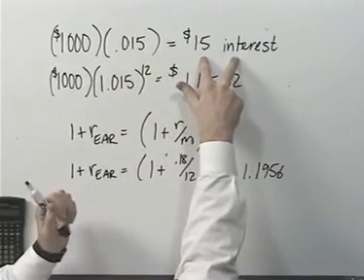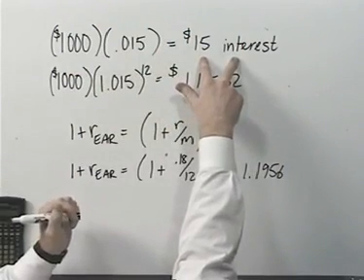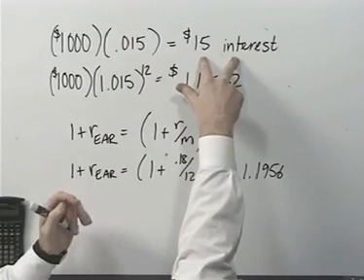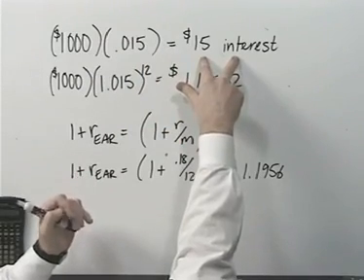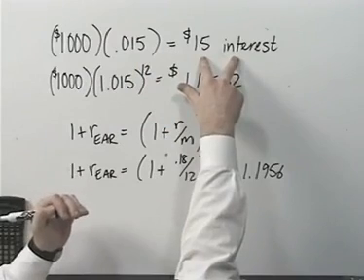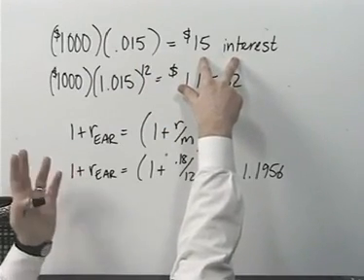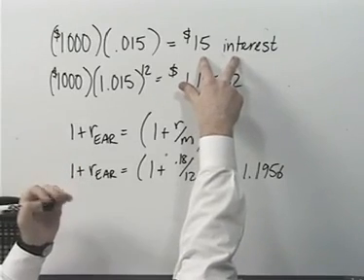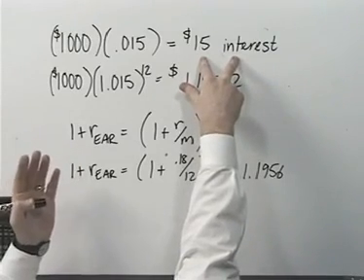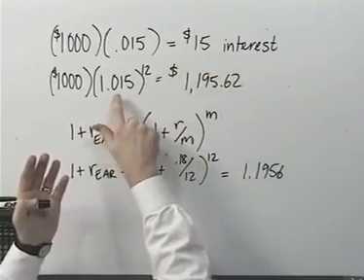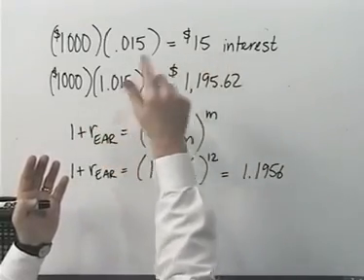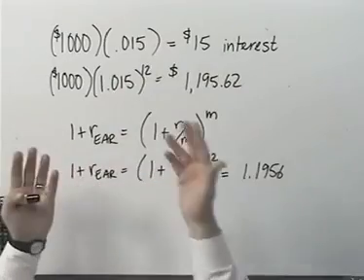Say you, instead of paying off that balance at the end of January, you let it accumulate with the credit card company, so that at the end of January you owe $1,015, and at the end of February you're going to owe not $1,030, but 1,000 times 1.015 squared, and then at the end of March to the 3rd, April to the 4th, and so on.